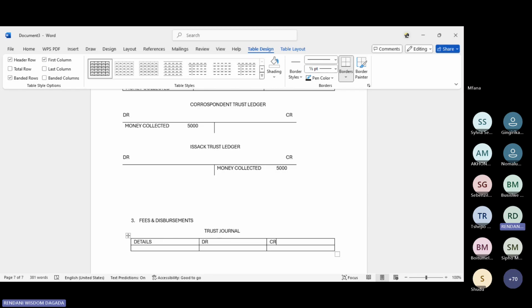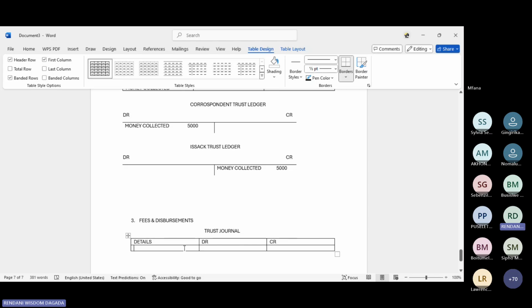How much is our total in this question? 5,575. And how much is our EFT? 2850. Yes, so we need to minus the 2850 from the 5,575. And how much do we get? 2725. 2725 is our fees and disbursements. So we calculate total minus EFT. That is how we get the value for number 2.